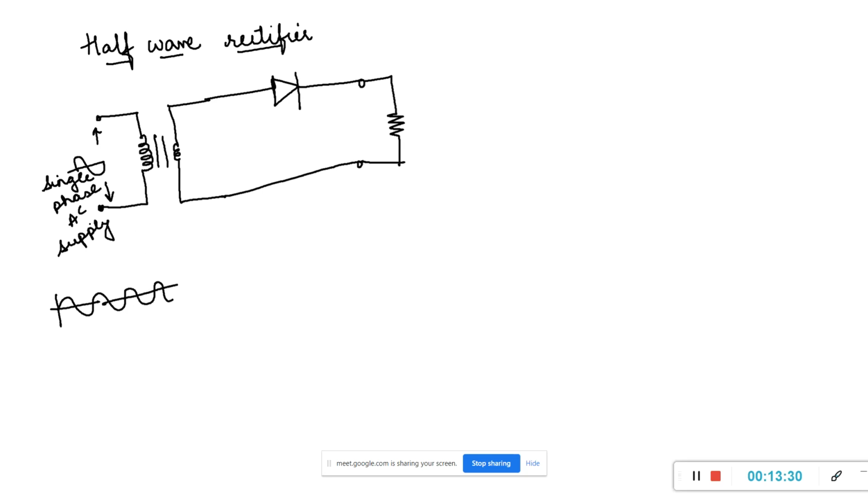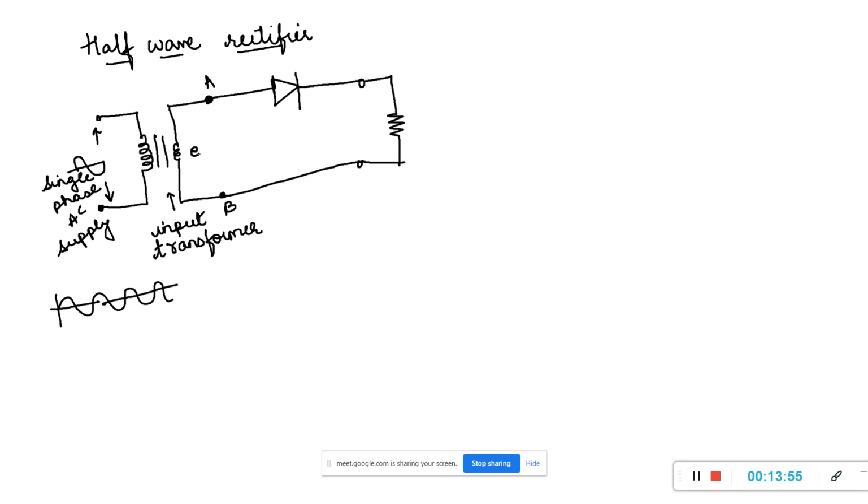We are applying alternating current, and this is the input transformer. All of you write down as and when I write down. This is the input transformer. This is point A, and this is point B.